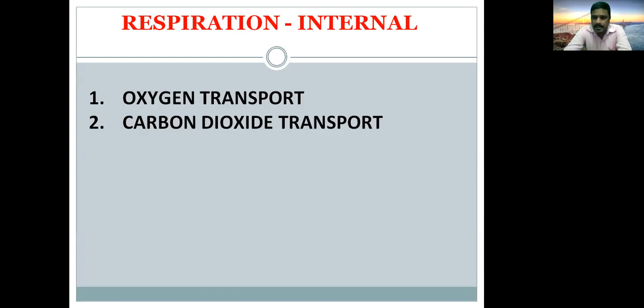Now this oxygen has to be transported to each and every part of our body, each and every cell of our body. That phase is called oxygen transport. As the blood is a liquid tissue, and as it has oxygen transporting molecules like hemoglobin, blood has the ability of transporting oxygen from the lungs to all other cells in our body.